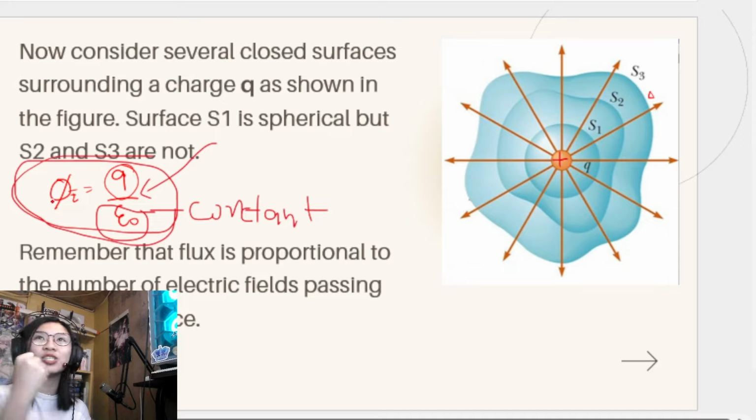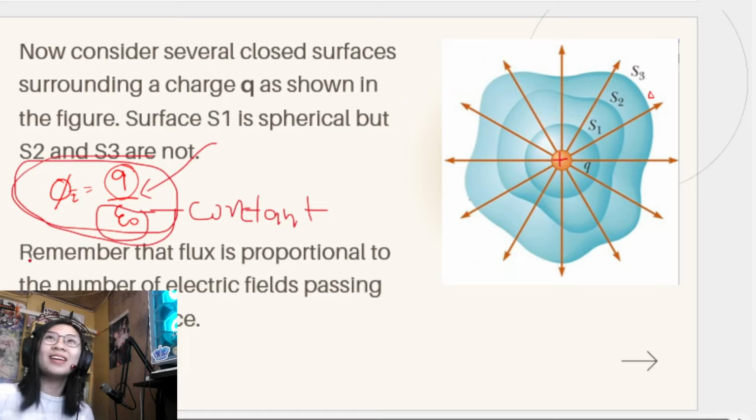If naa kay charge diraa, then your Gaussian surface has flux. If positive ang imuhang charge sa sulod sa imong surface, then your electric flux is positive. If negative ang imong charge, negative pod imong flux. So solely si charge ra gid ang imong tan-awon when it comes to Gauss law.